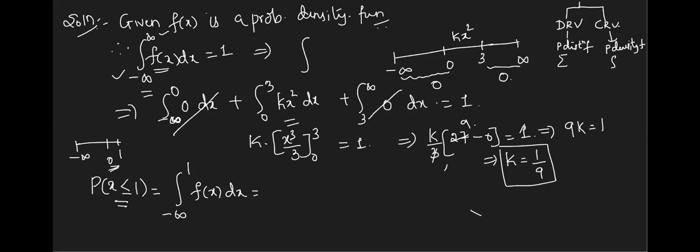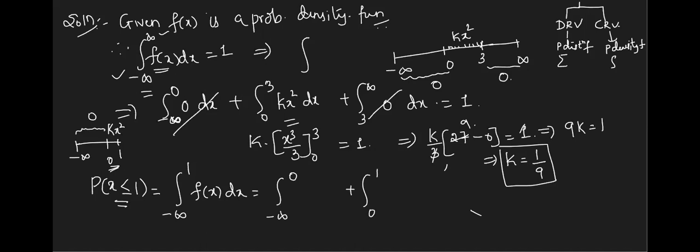Yes, same, because 0 to 1 is a part of 0 to 3. So you take any value here, it is always going to be kx square. Can you tell me what is the value of the function between minus infinity to 0? 0. Okay, so you can write like this, minus infinity to 0 plus 0 to 1.